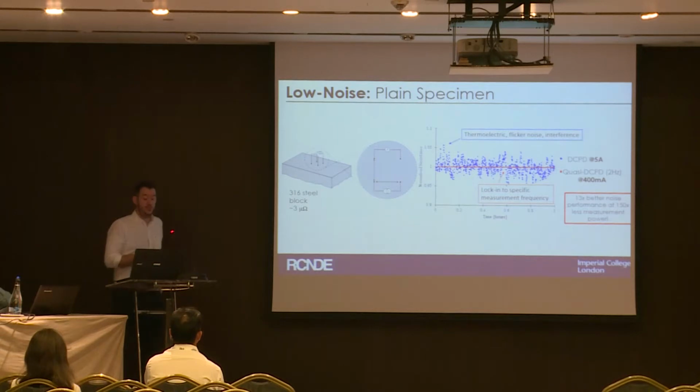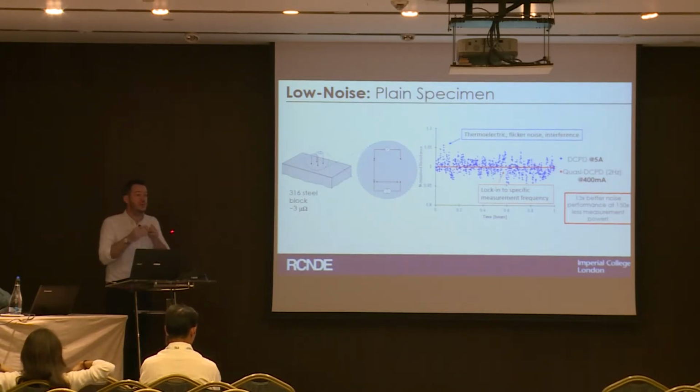The reason is that if you think about these DC measurements as a 0 hertz measurement, down there at 0 hertz we have a lot of other mess that we need to contend with. We have thermoelectric effects, what's known as flicker noise, and all sorts of other interference. Whereas if we're taking an AC measurement, albeit a very low frequency AC measurement, we can use our electronics to lock into that very specific frequency.